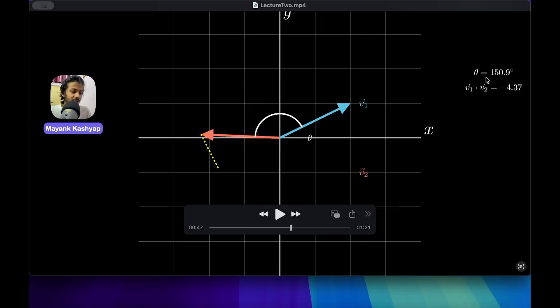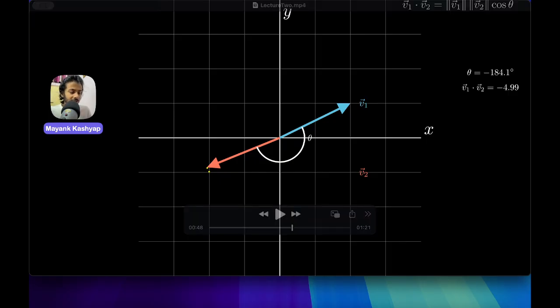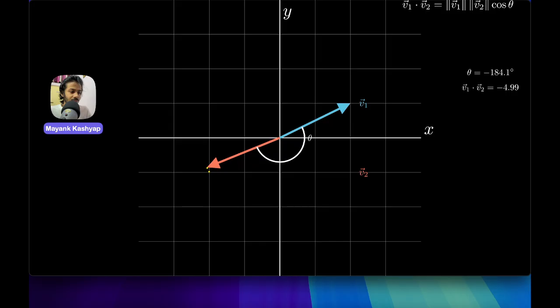This signifies that the angle is now reversed. The directions of the two vectors are moving towards opposite sides.